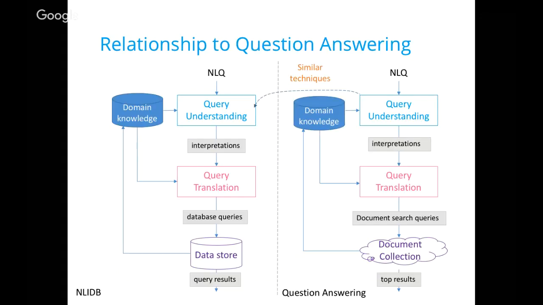Here it's normally a passage that can be used to answer the question, and there's also some ranking involved. Here there is no ranking, it's just one answer. There, there could be multiple answers, and then some ranking happens before returning the answer. But the first component is very similar.